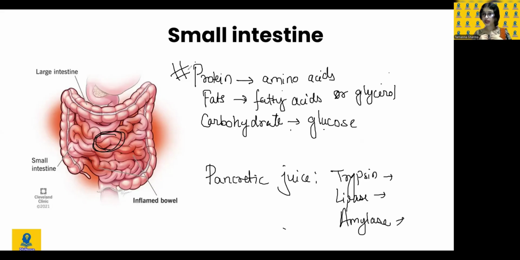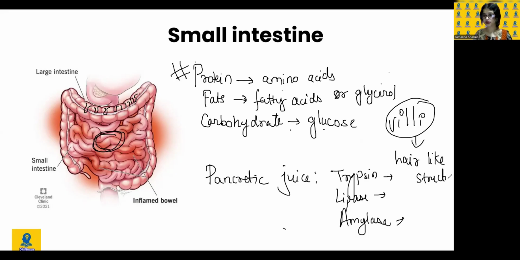Now, what will happen in the walls of the small intestine? There are hair-like structures, okay? Those are called villi. These are the hair-like projections.